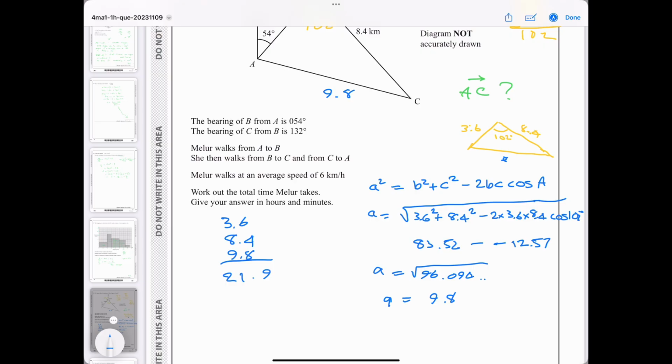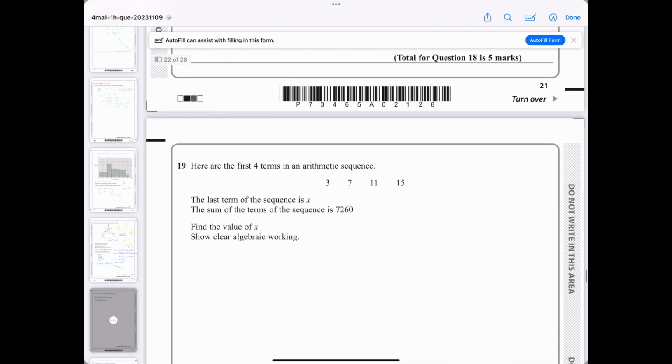So she will take 21.9 divided by 6 equals 3.65 hours. 0.65 times 60 equals 39 minutes. Quite a lot of work to do for that. And okay, that's going to take me too long to do.